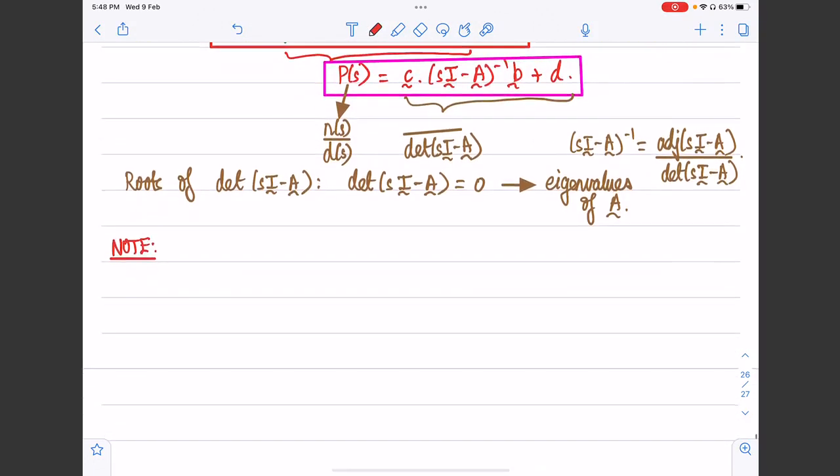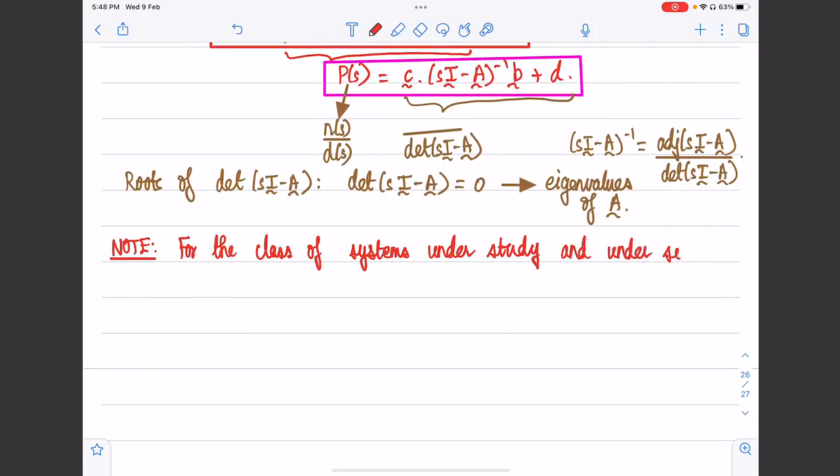Okay, let me write it down. For the class of systems under study, that is linear time invariant, causal dynamic systems, and under some conditions, we will not worry about what these conditions are right now, there is an equivalence. The poles of the transfer function and the eigenvalues of the state matrix are one and the same.